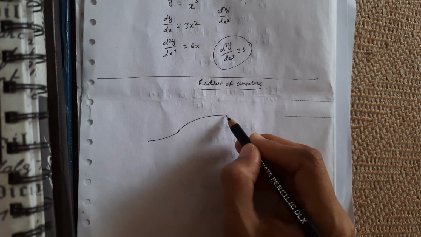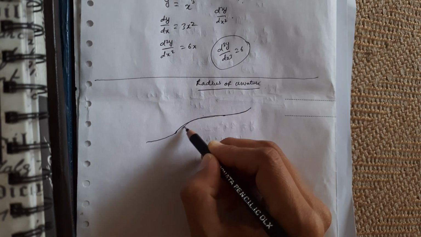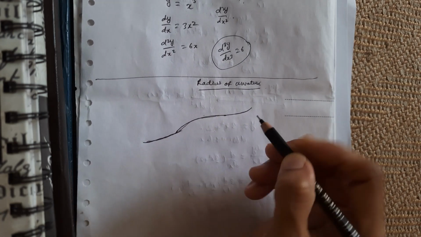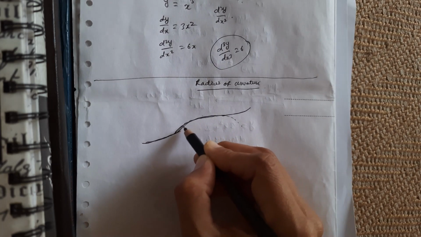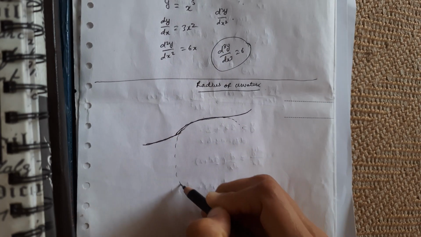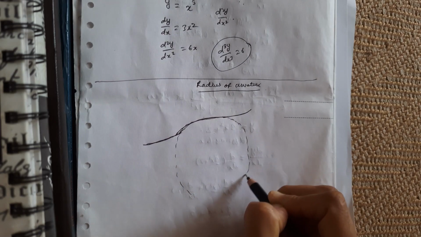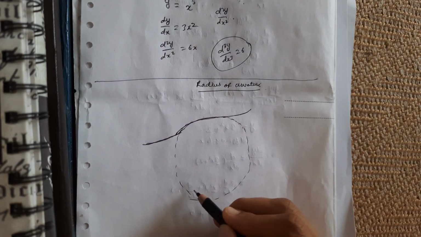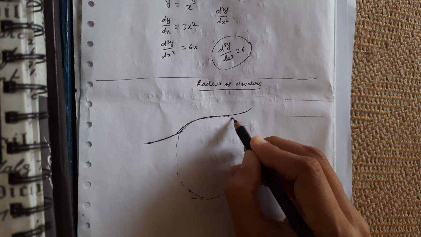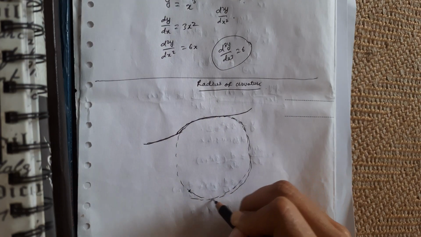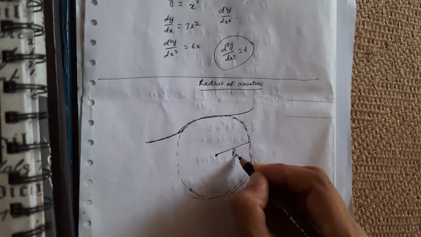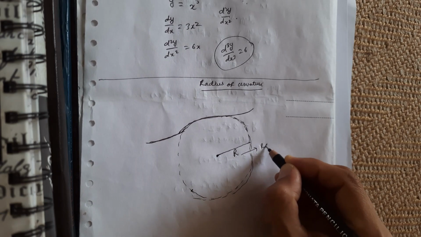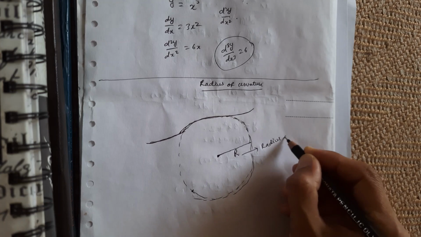Now if I draw a circle that approximates this curve, suppose this is the circle that best approximates this curve, and the radius r of this circle is called the radius of curvature. This is the simple thing.